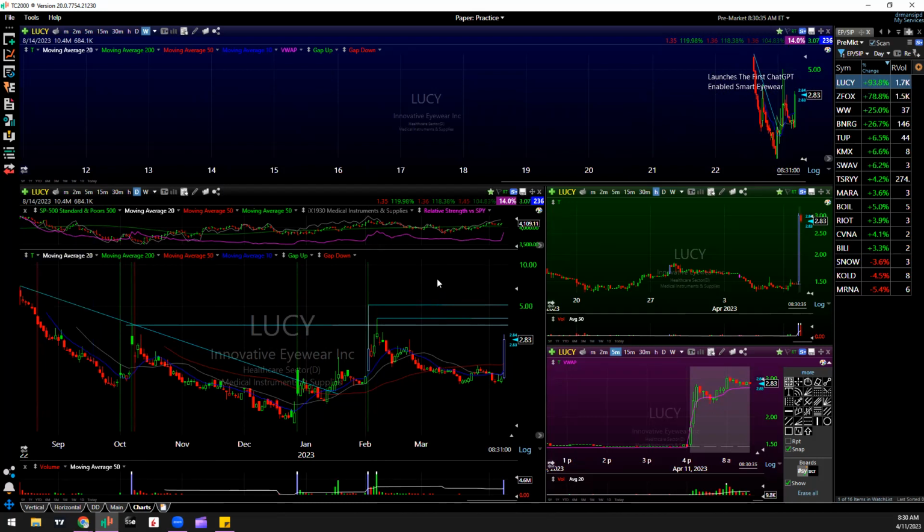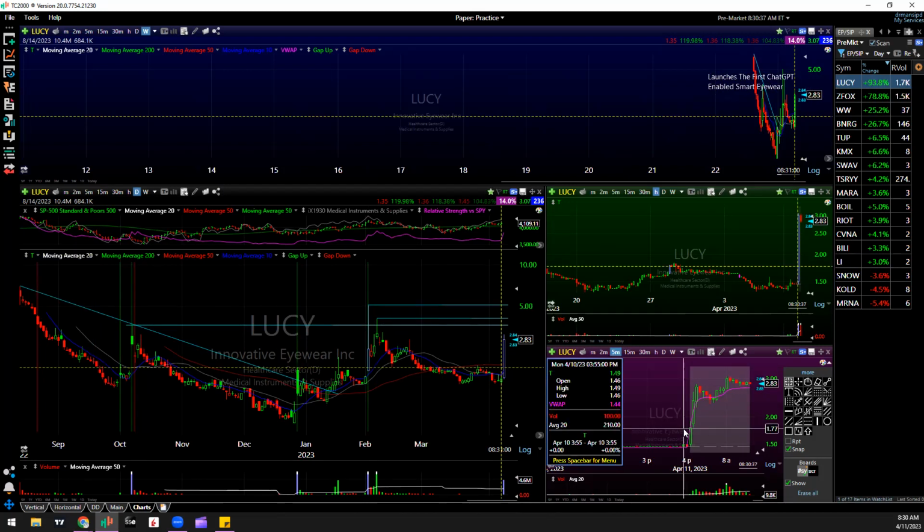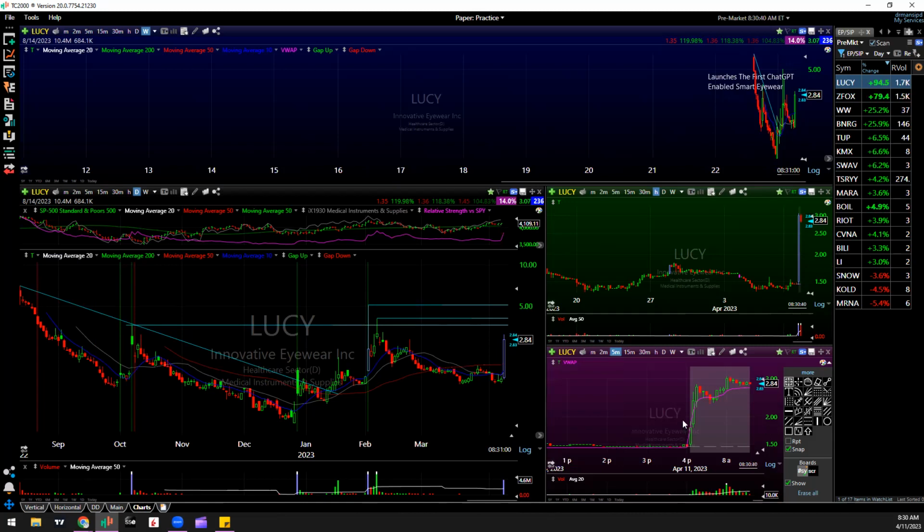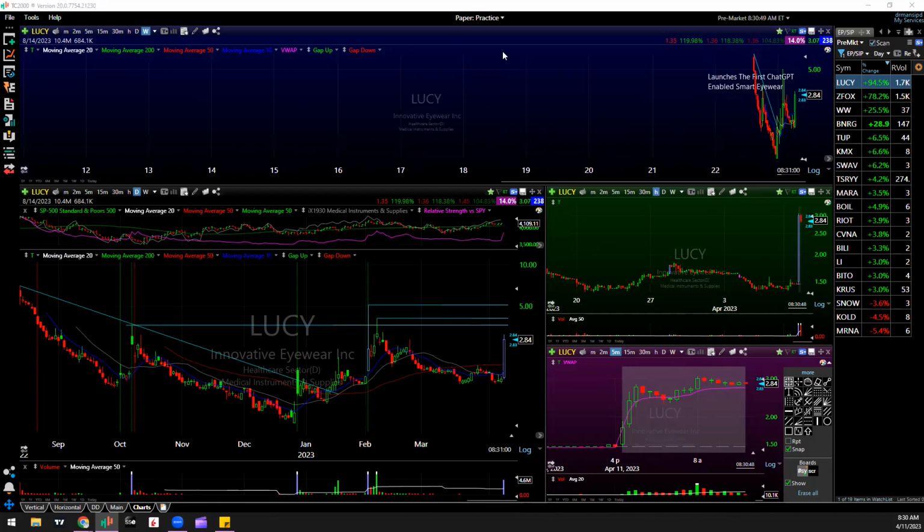Now, if I wanted to go long in this, I would trade the open range high. So what that means is after the first 5 minutes, I will look at what candle is formed. And once it breaks the top of that candle, I would enter. So I can just draw this, for example.